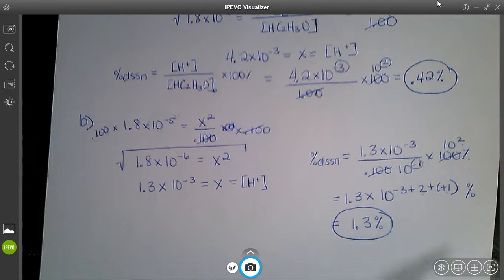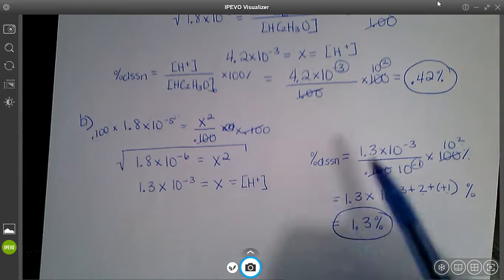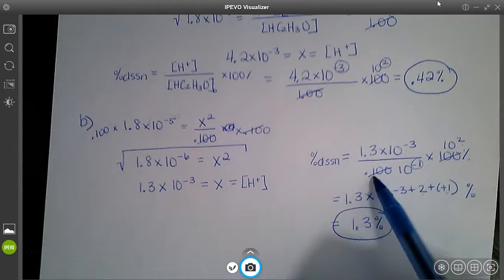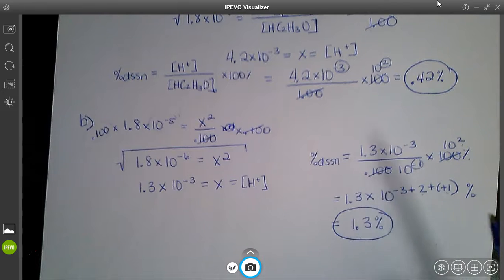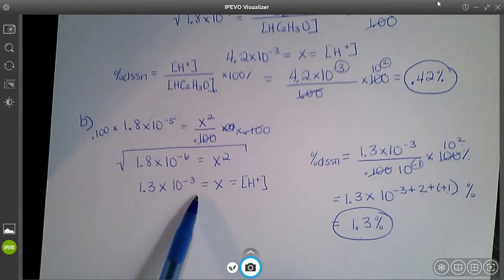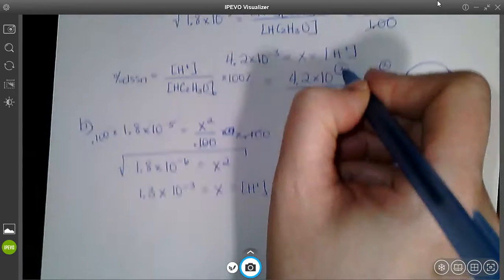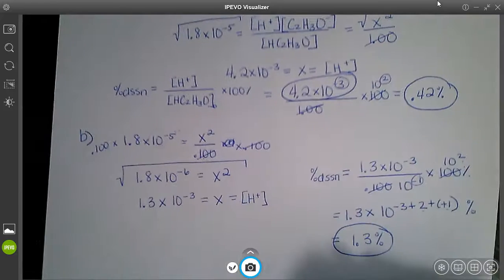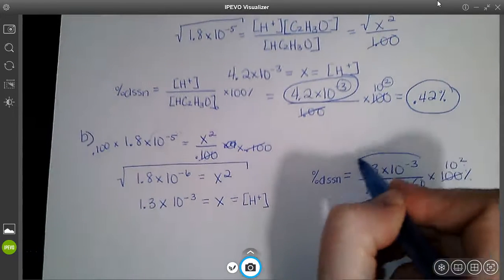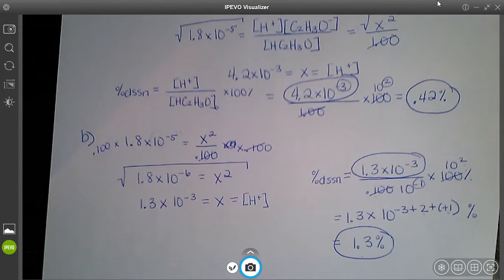So let's think about why that is. If you keep in mind, over here I'm dividing by your initial amount. So when you divide by a smaller number, that's going to make a bigger number. So even though in the dilute solution we made less H+, here is our H+ for our initial concentration. Here's our H+ for our second concentration.